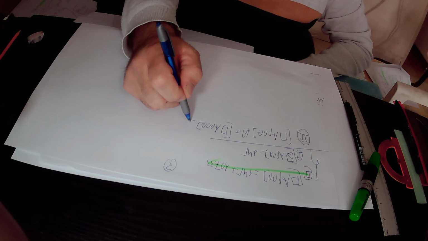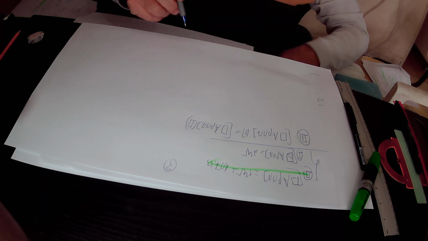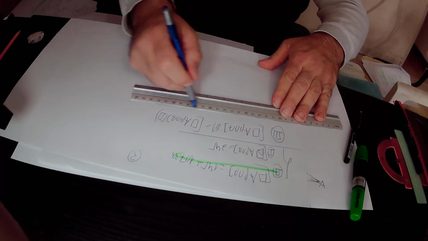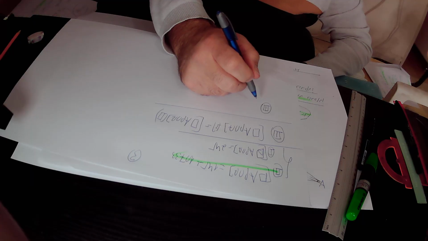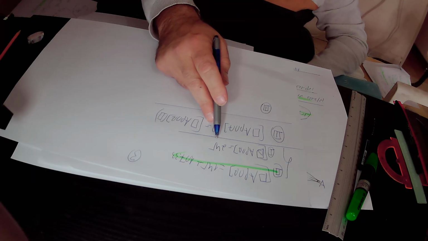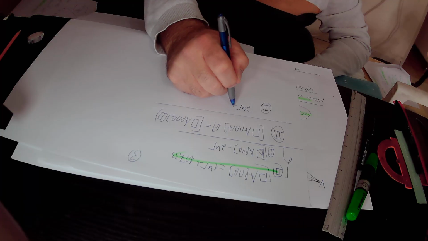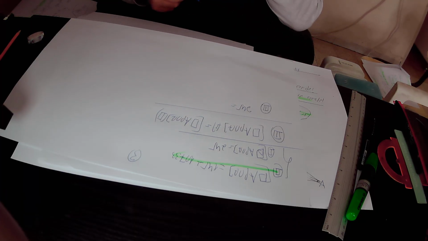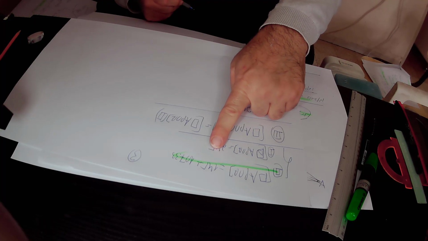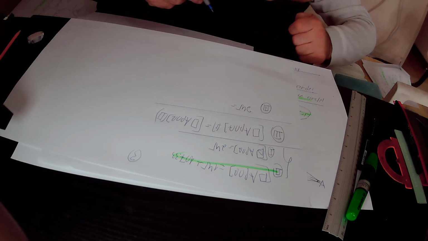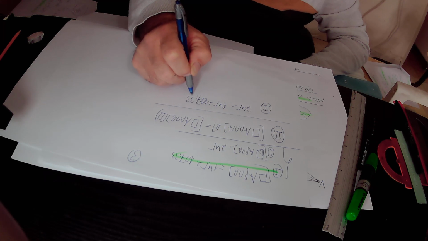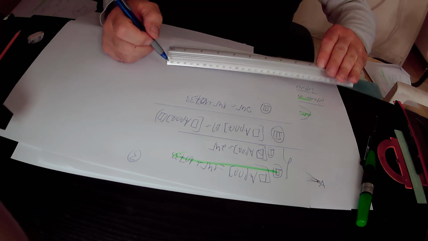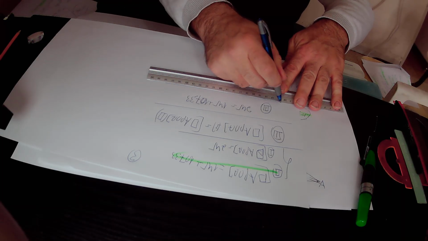So 24r must be equal to 14r plus 107.33.